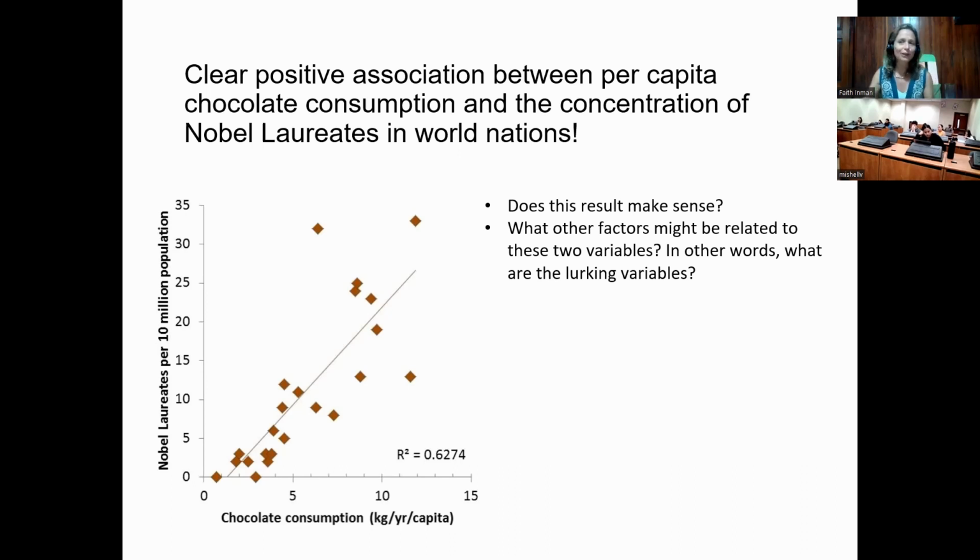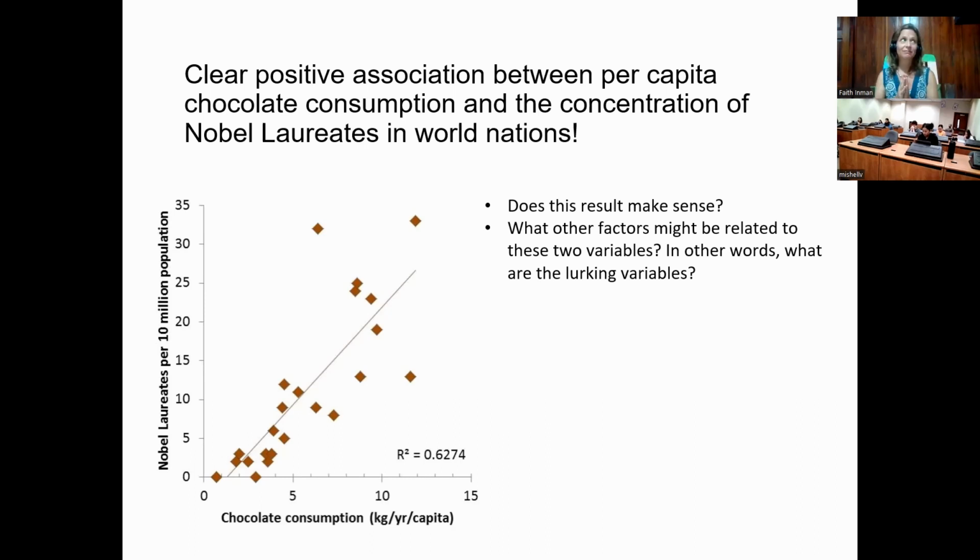In other words, what are the lurking variables? What besides chocolate consumption might increase the proportion of Nobel laureates in the population? Or you might think, what factor might increase both chocolate consumption and number of Nobel laureates?